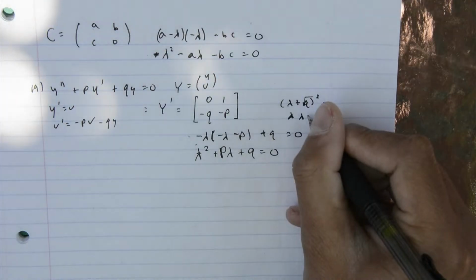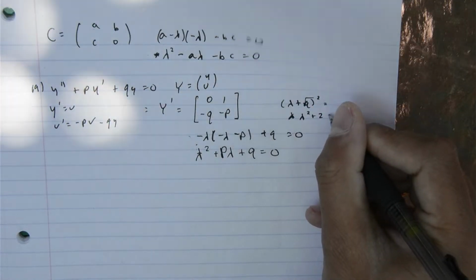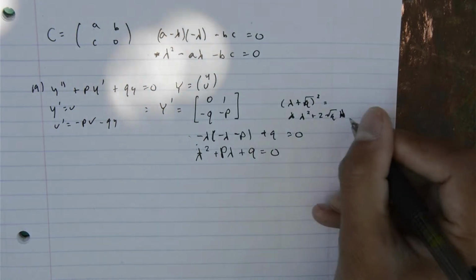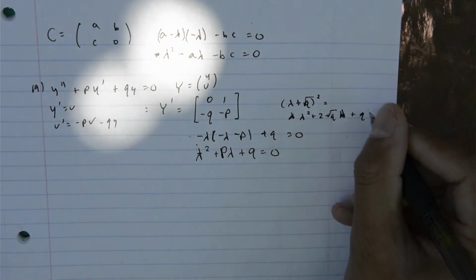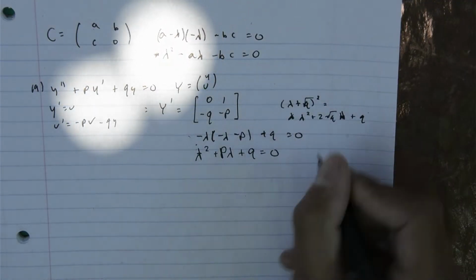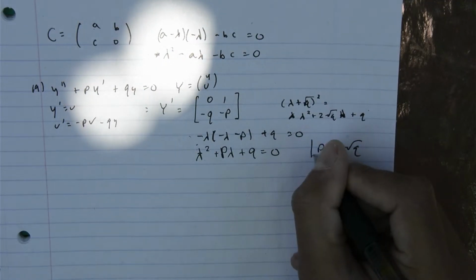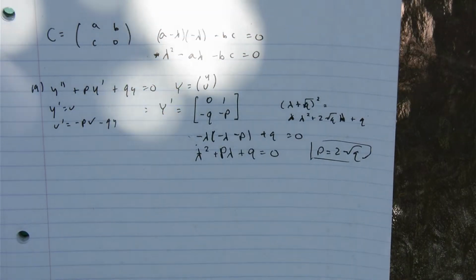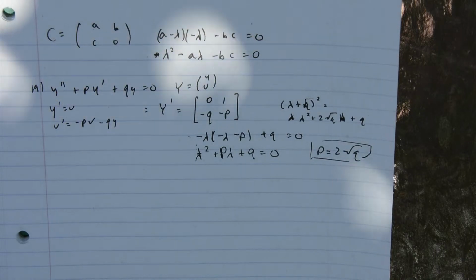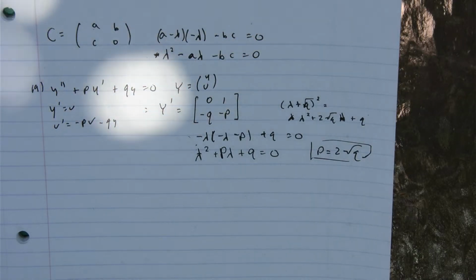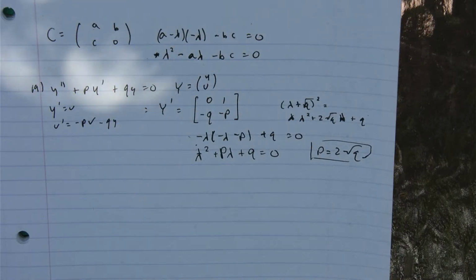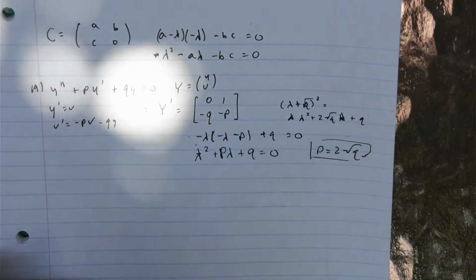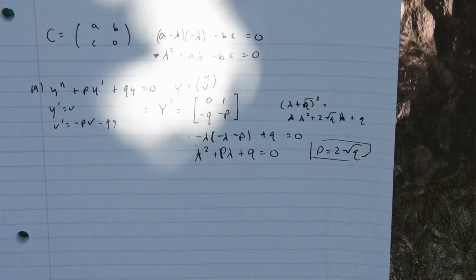Then we get lambda squared plus 2 root q lambda plus q. So if p was equal to 2 root q, then we would only have one real eigenvalue. Okay, and I don't know how to verify that the eigenvalues are negative if they're real numbers.